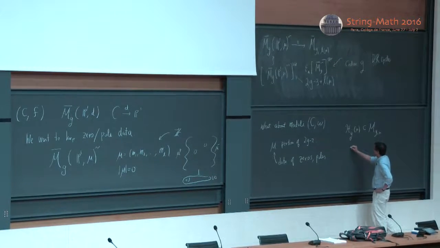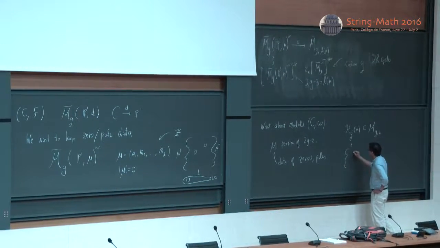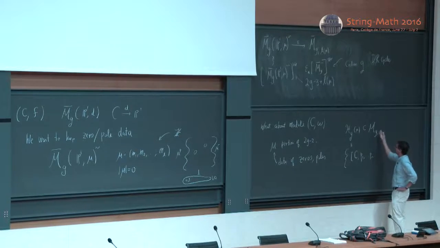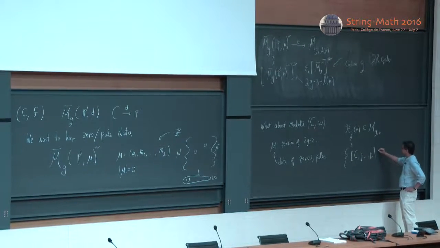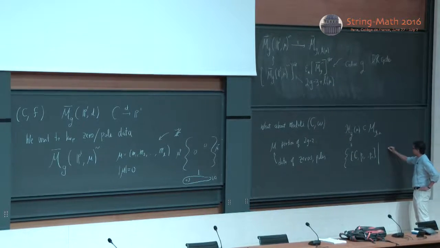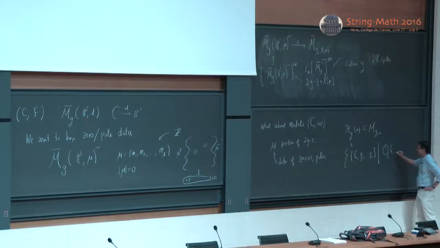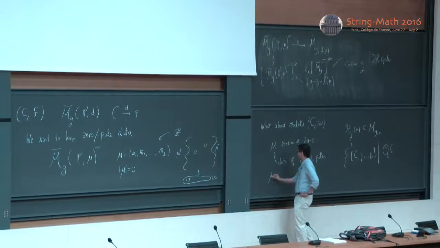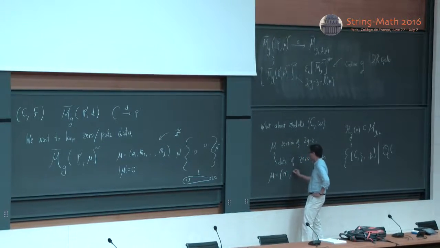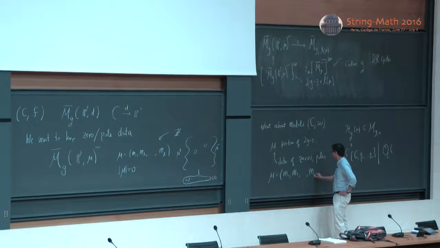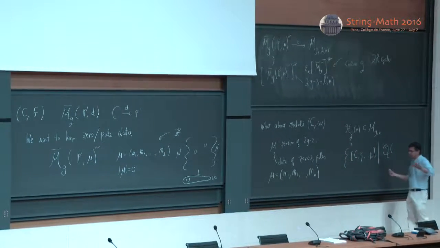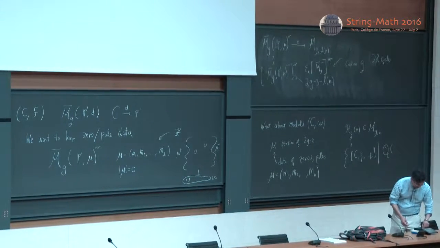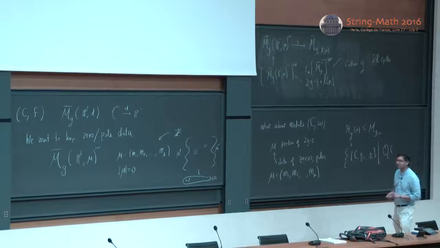A point here is equal to a curve with marked points, exactly n of them, distinct, such that if I take the divisor given by these marked points and twist it by the parts of mu, m1, m2, ..., mn, and these are integers. As I said, you could put 0 if you want. It doesn't change very much, but you should think of them as being positive or negative, where positive are the zeros and negative are the poles.